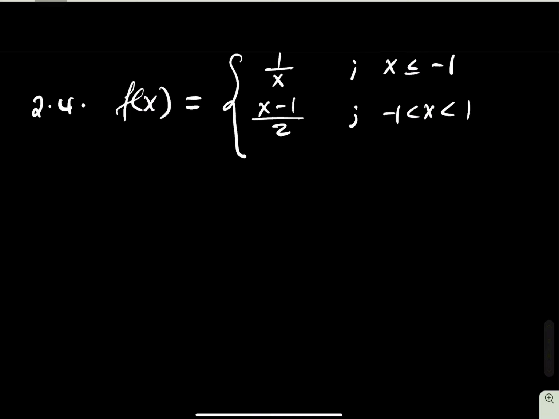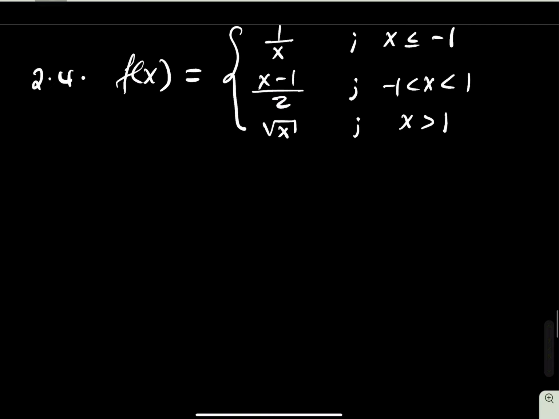And then the other one is the square root of x, that is primarily for x bigger than 1 there. So we want to check the continuity at certain points. So that is 2.4.1, check the continuity at -1. And then 2.4.2 is primarily at +1. So this should really be very easy, guys.